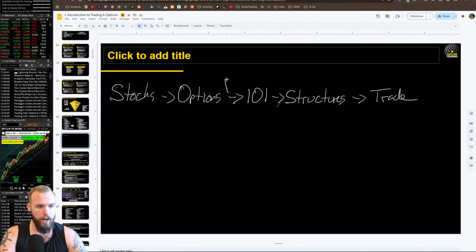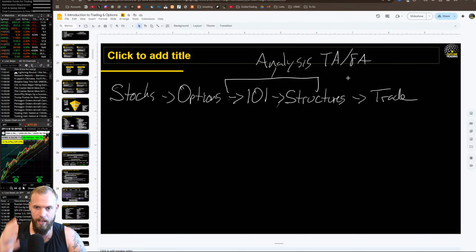Now, somewhere in here will be stuff like analysis. So this will be like technical analysis, fundamental analysis, somewhere in that span, but not hyper relevant here. The issue with this is, if we think about what the concept of edge is, where in this process would we have identified any type of edge?